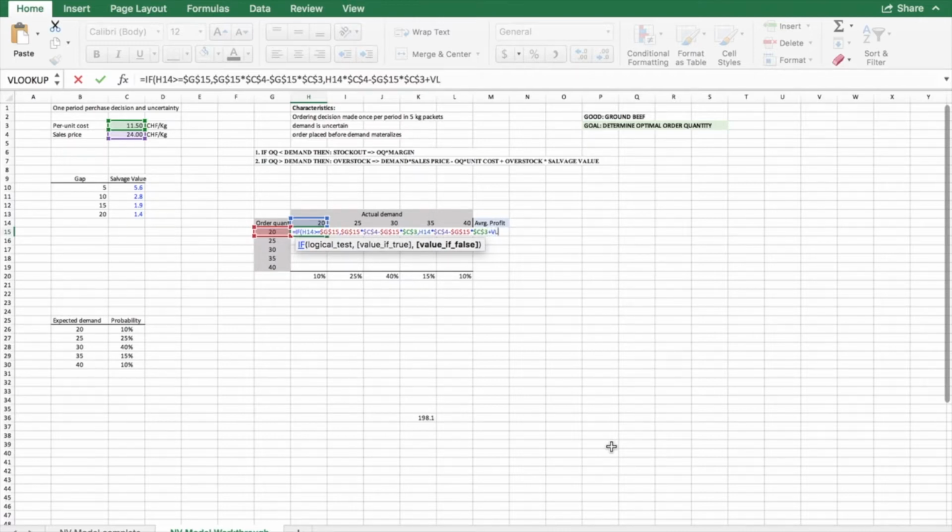Because our salvage value is variable, we need to use the VLOOKUP function and have our lookup value equal to the order quantity minus the actual demand. Our table array is going to be our salvage value table over here. And we're going to tell this function that what we're looking for is the salvage value, which is in the second column, by putting a 2 here.